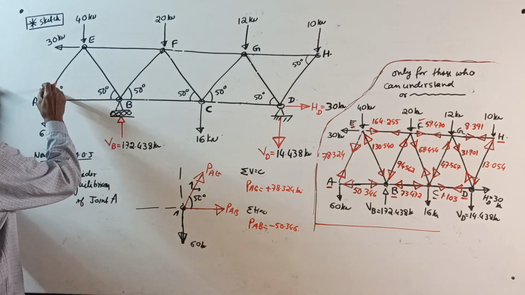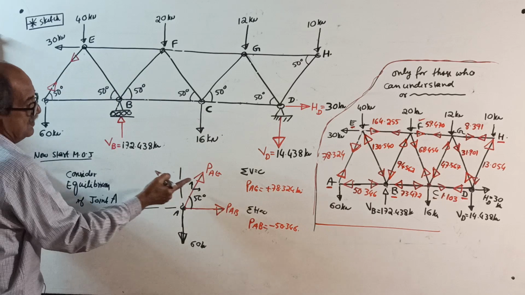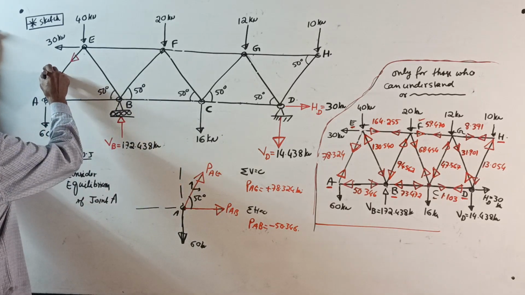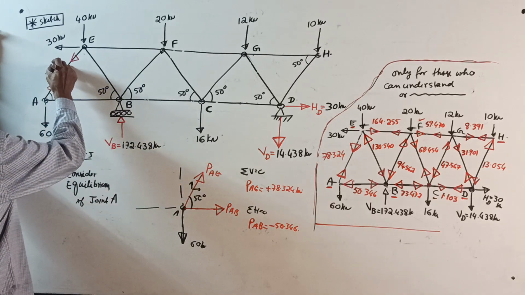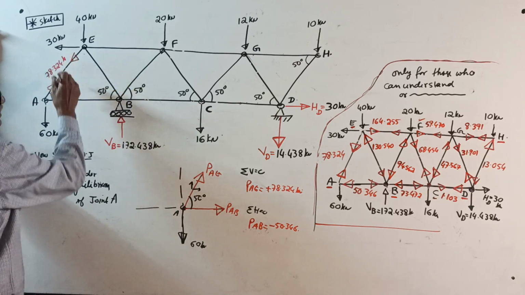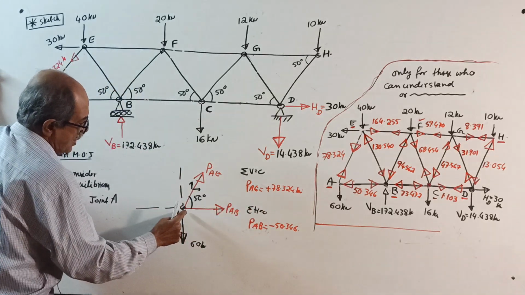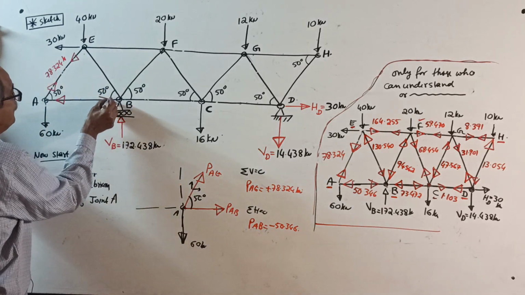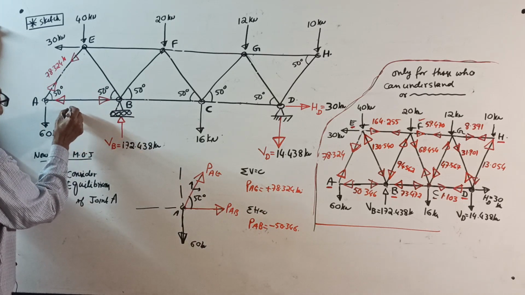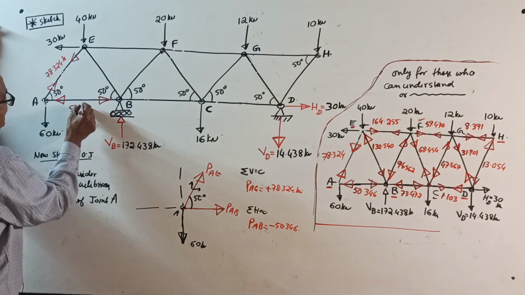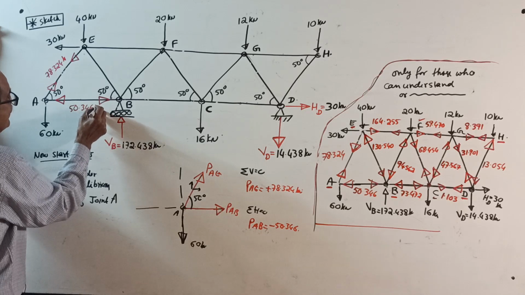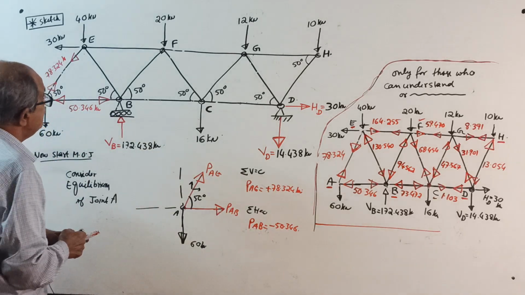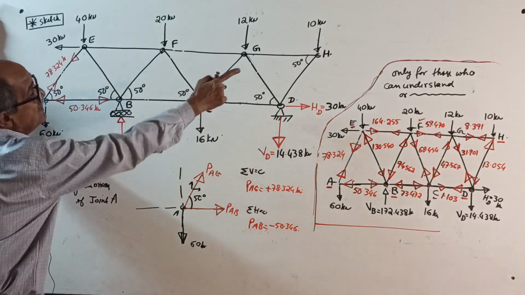So enter here 78.324 kilonewton. We assumed this way from joint A, negative came, so reverse. Opposite here: 50.346 kilonewton.